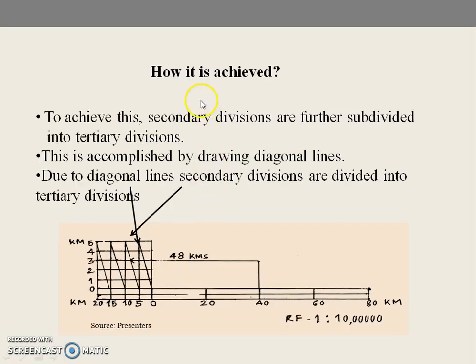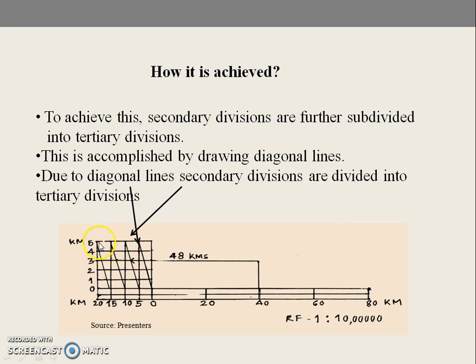So, how are the tertiary divisions shown? To achieve this, the secondary divisions are further subdivided into tertiary divisions. This is accomplished by drawing diagonal lines as shown in the diagram.